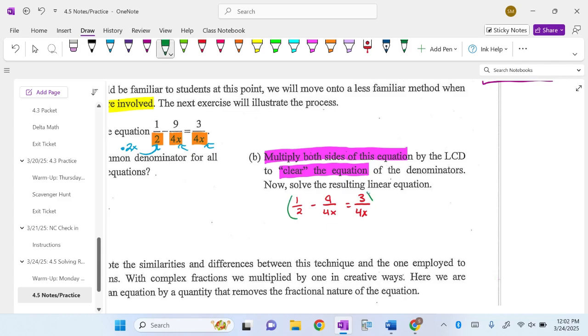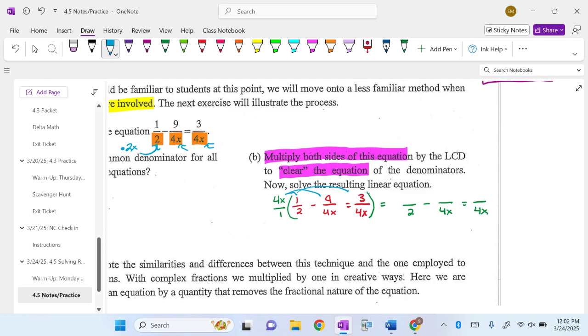And I'm going to multiply the entirety of this equation by my LCD, which is 4x over 1. So all of my denominators will still be there, the 2, the 4x, and the 4x. But now I'm going to multiply my numerators by 4x.